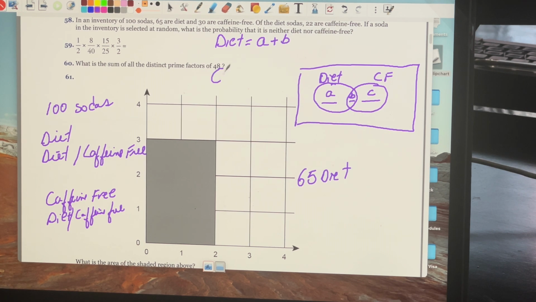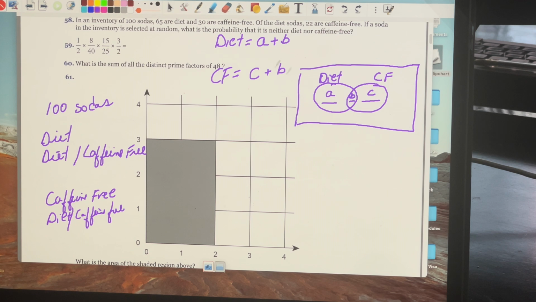Now in the other circle, we have the caffeine free. And the caffeine-free are all the sodas that are only caffeine-free, plus B, which is the diet and caffeine-free. Because B represents all those sodas that are diet and caffeine-free. Okay?